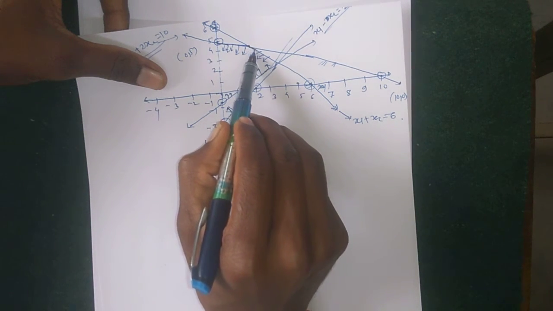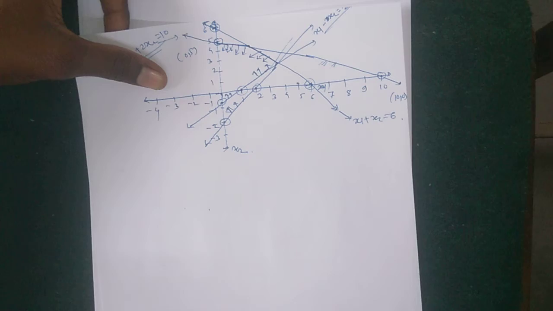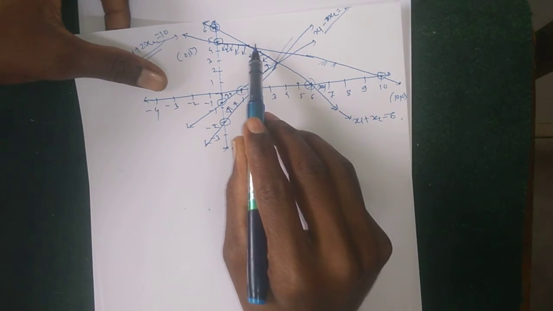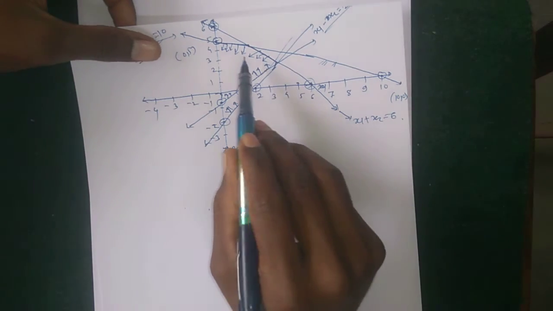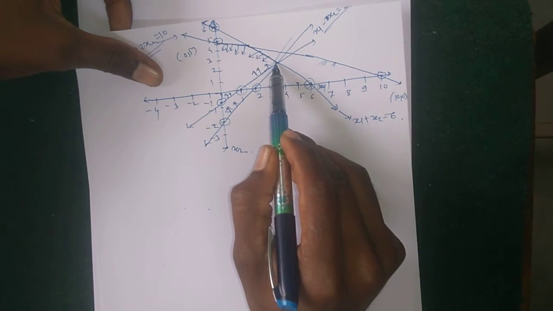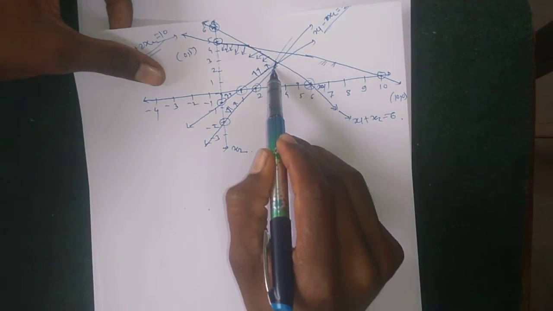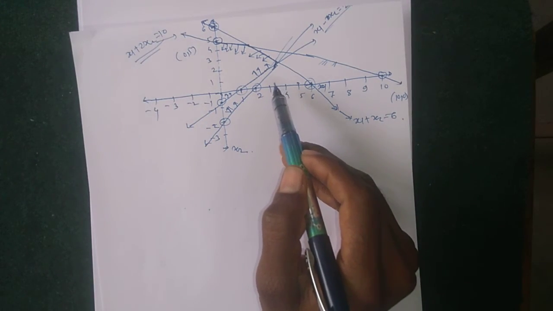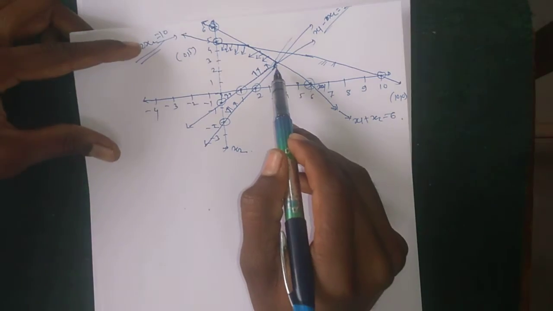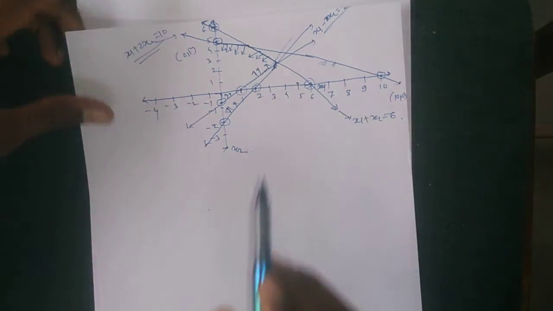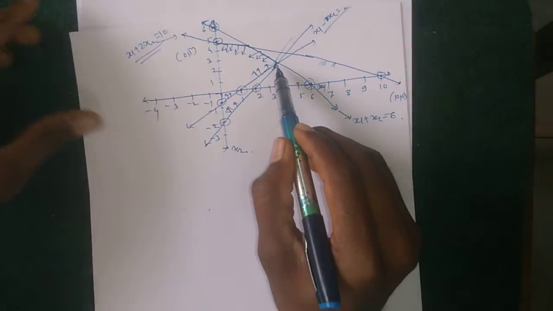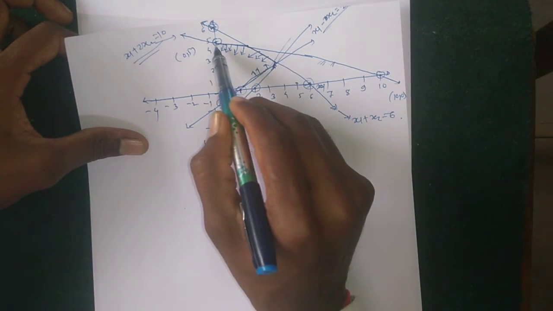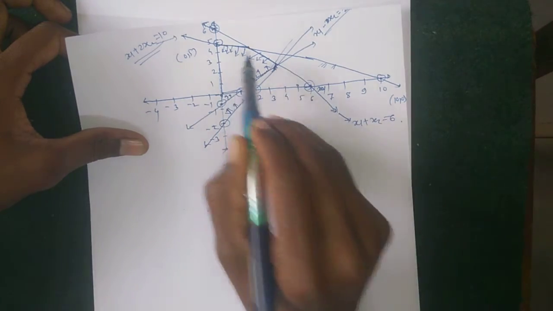This is one point, this is the second point, then the third point here, whatever it may be. The graph is not exactly drawn here. So then the next point is this, and this is our feasible region.